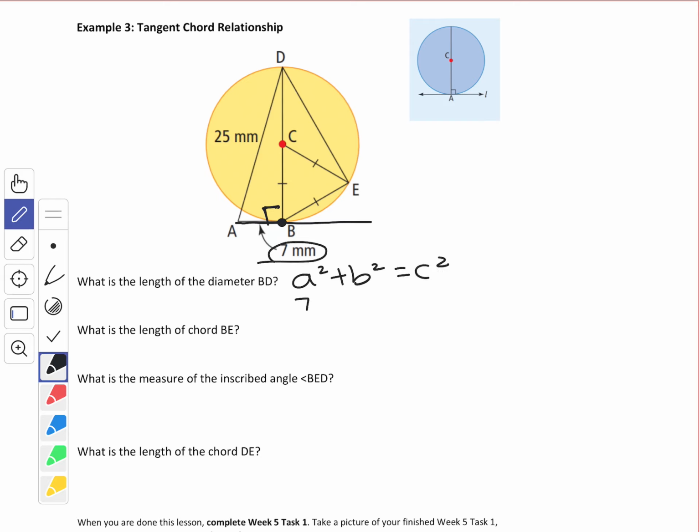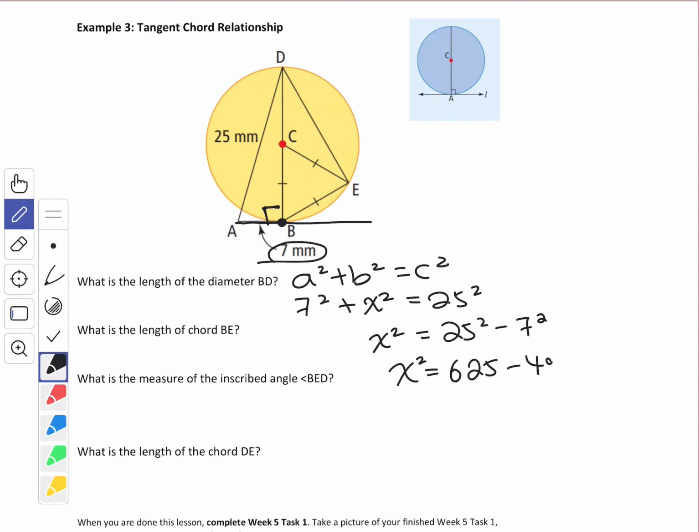We're going to use a squared plus b squared is equal to c squared. We'll say 7 is our a. 7 squared plus b squared, well, that's what we don't know, so x, is equal to 25 squared. X squared is equal to 25 squared minus 7 squared. X squared is equal to 625 minus 49.